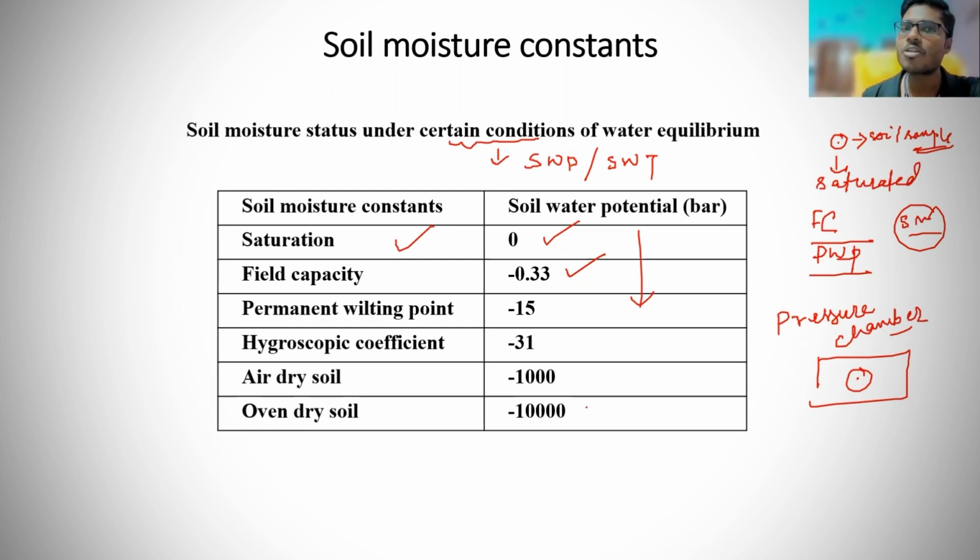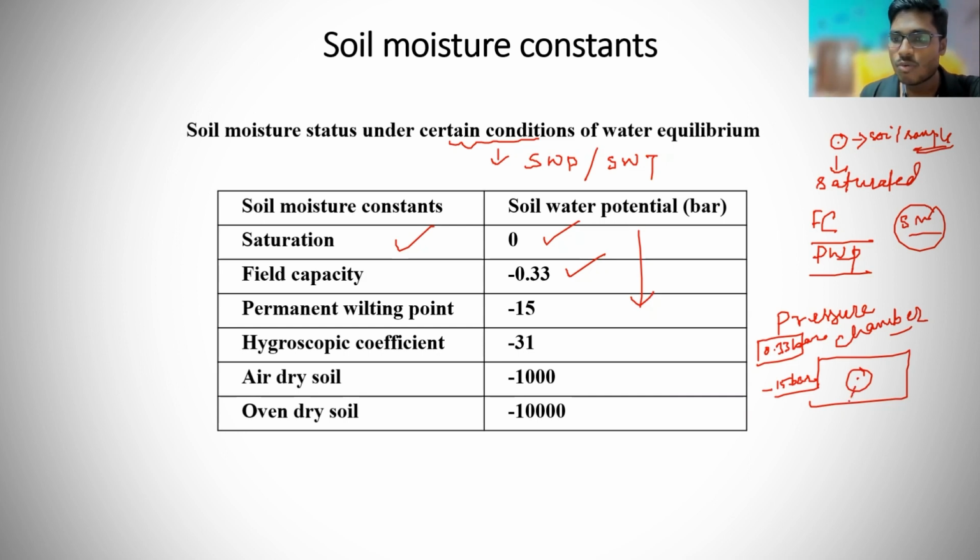For example, if we are determining field capacity, we will set the pressure of the pressure chamber at 0.33 bar. And if we are determining the permanent wilting point, then we will set the pressure at minus 15 bar. When we apply this pressure, the water in the soil will try to reach equilibrium with the pressure of the atmosphere surrounding it.